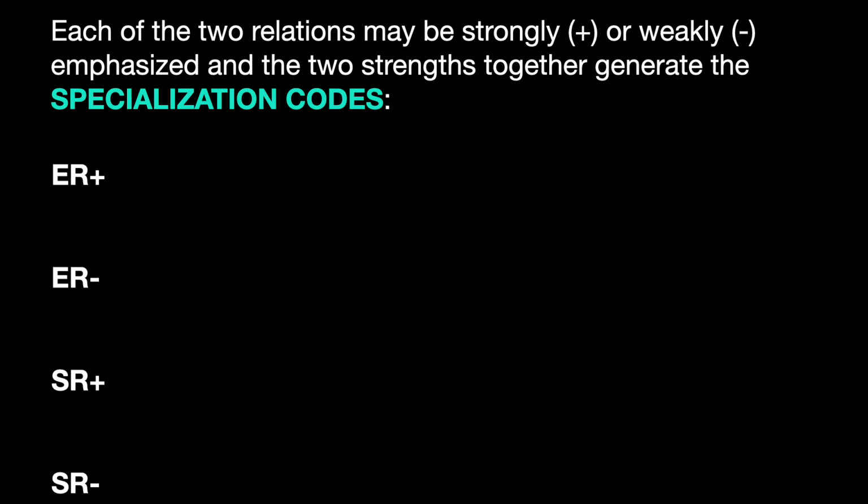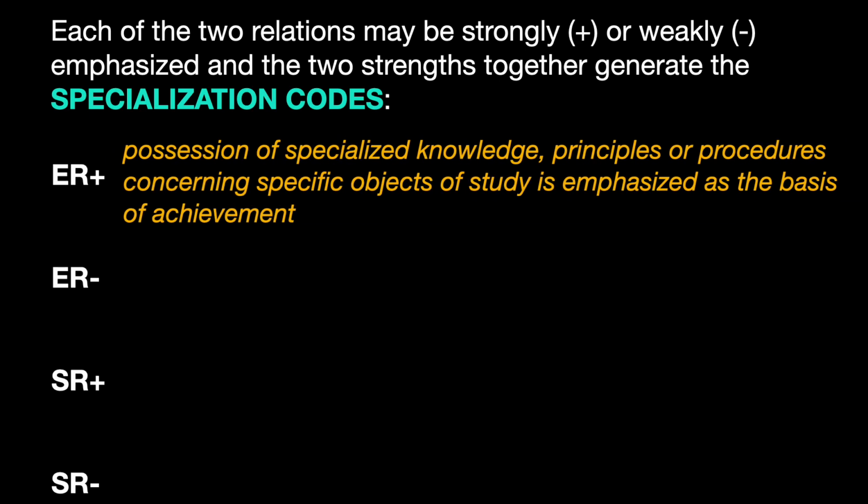When an epistemic relation is strong in a practice, it's because it is in possession of specialized knowledge, principles or procedures concerning specific objects of study. That's emphasized as the basis of achievement.